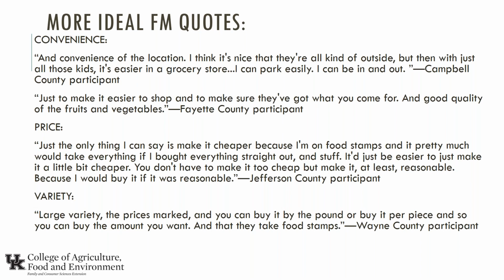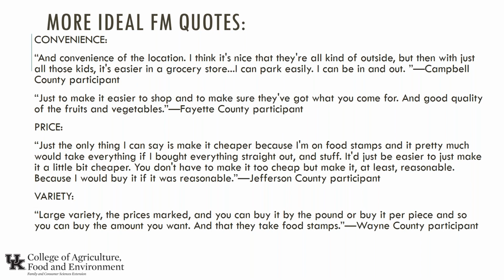And this is, I think, real key. This person says, a large variety, the price is marked, and you can buy it by the pound or buy it per piece, so you can buy the amount you want, and that they take food stamps. And that's another thing that when you look back on it, you think should be common sense, but maybe we haven't thought of it.